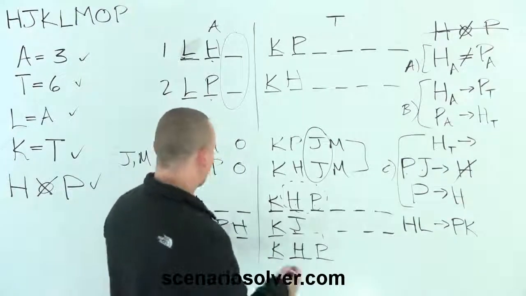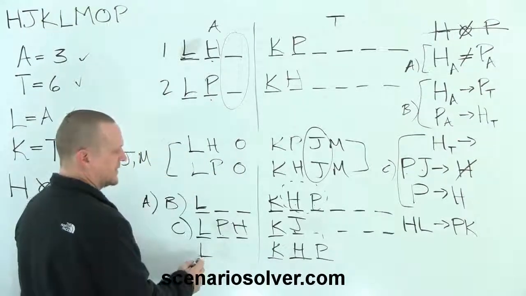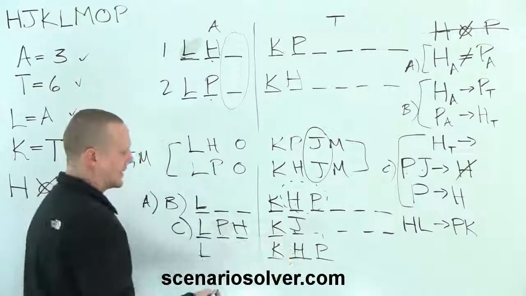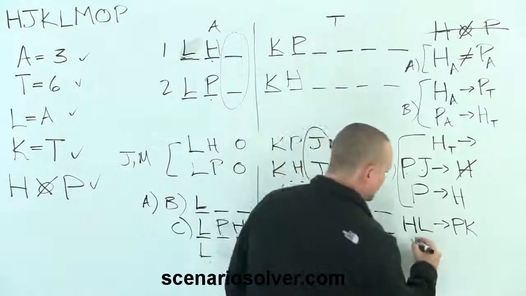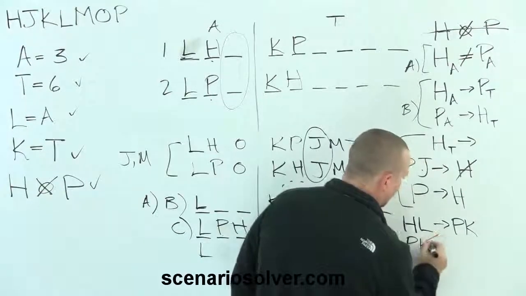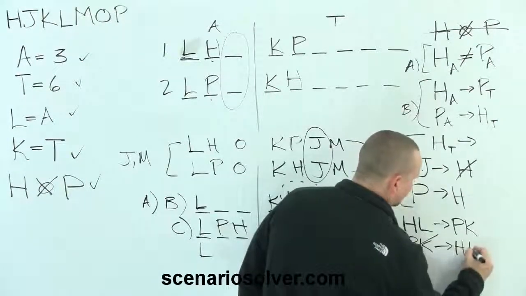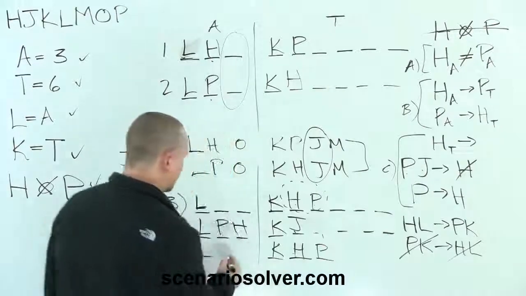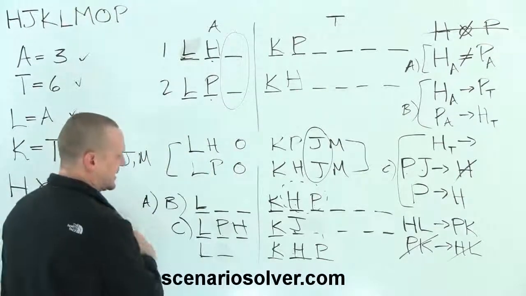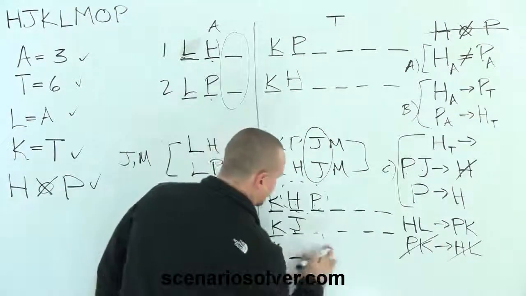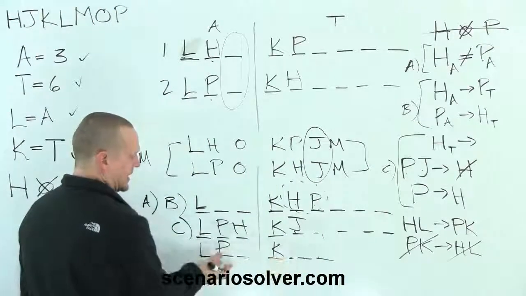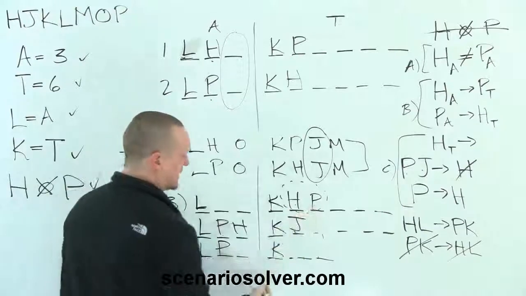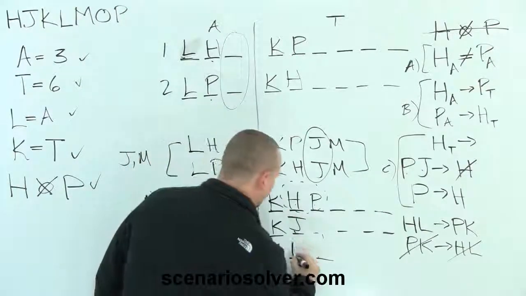So this rule, if L is in the appellate group, then P cannot be in the appellate group. That's basically what that rule says. And it also tells us if P is not with K, then H cannot be with L, which means that this has the same effect as A and B. If I put P not with K over here, then I know for a fact that H cannot be with L, so I'd have to put H here.